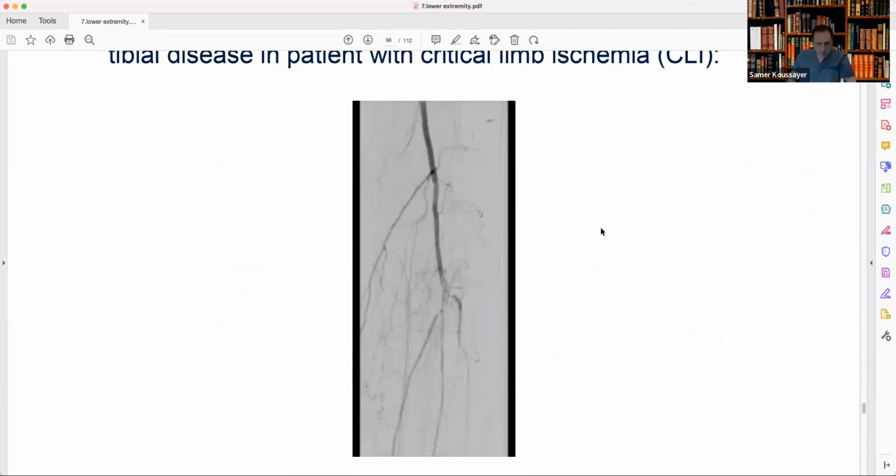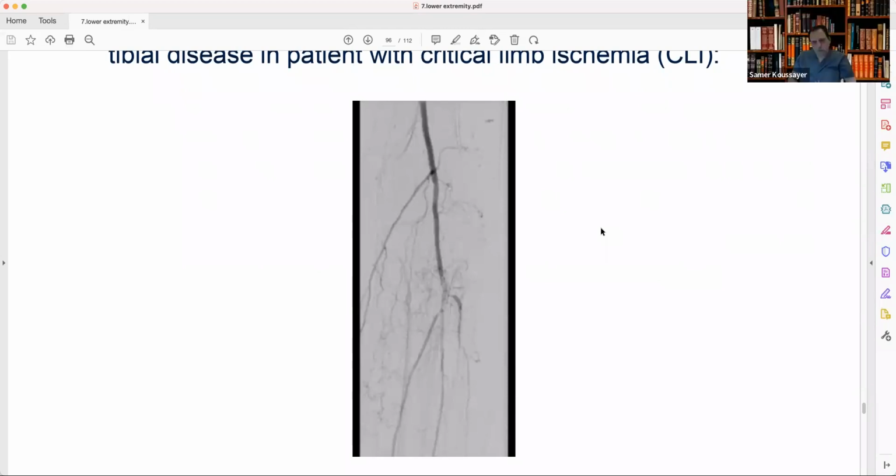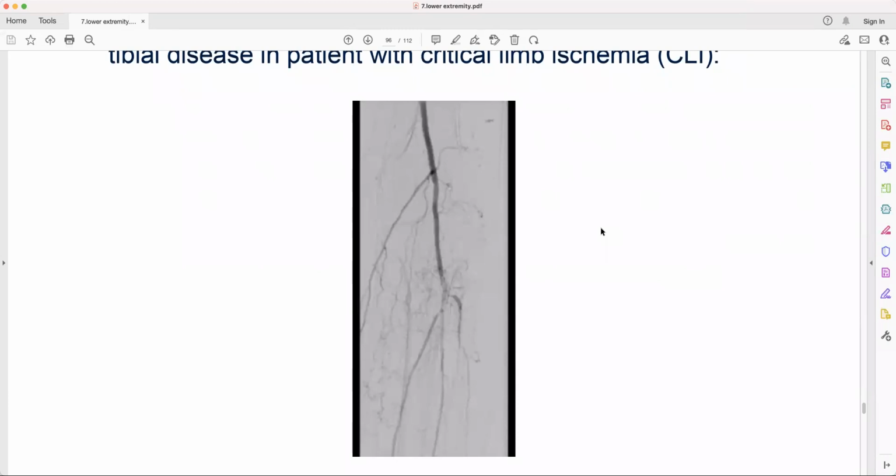So in real life, I will try to cross the tibio-peroneal trunk. I saw good peroneal, good posterior tibial. Maybe we can balloon both, and we give the patient the best of what we can, and do balloon angioplasty most probably.